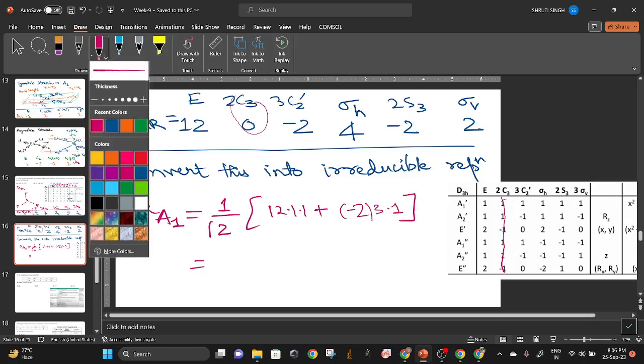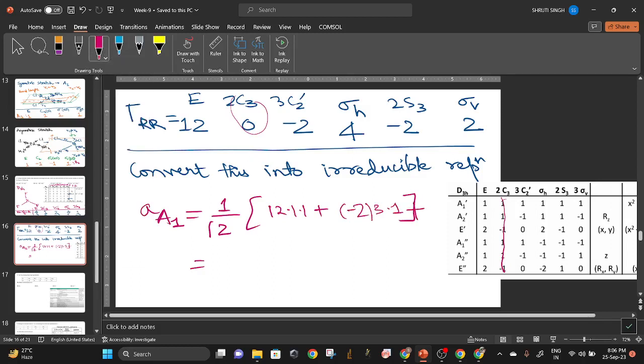And then plus 4 into 1 into 1. Next is minus 2 into 2 into 1. Next is 2 into 3 into 1.